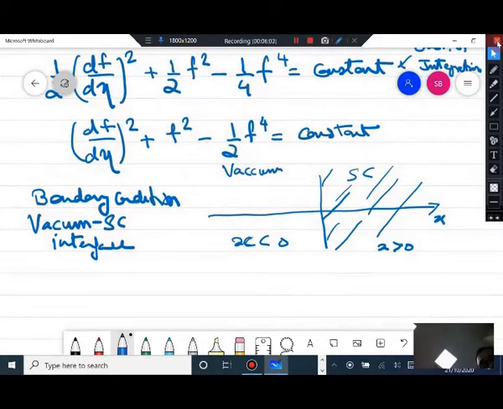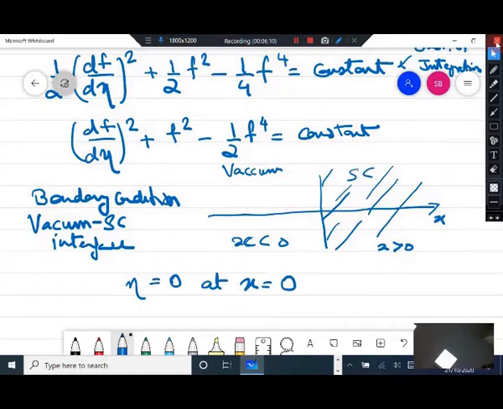What we say is that f is 0 at eta equal to 0. The moment you reach the interface, nothing can leak out because it is vacuum, so there can be no leakage of the superconducting state into vacuum. So f is equal to 0 at x equal to 0.